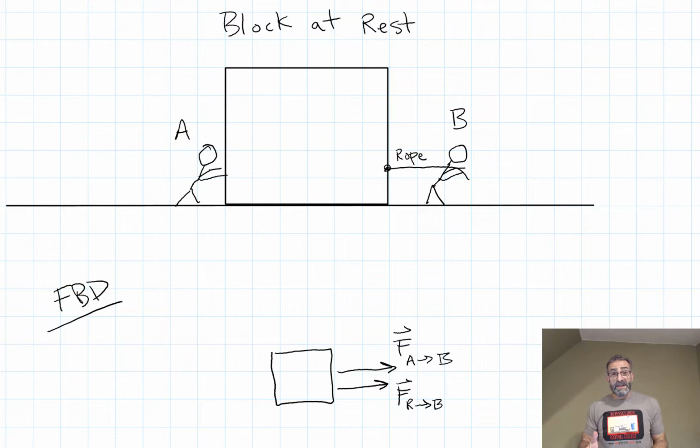The ground is touching the box. When surfaces interact, we say they can interact two ways, through a normal force and through a friction force. The normal force is perpendicular to the surface, the friction force parallel to the surface. So there's a force from the ground acting on the block in this direction.